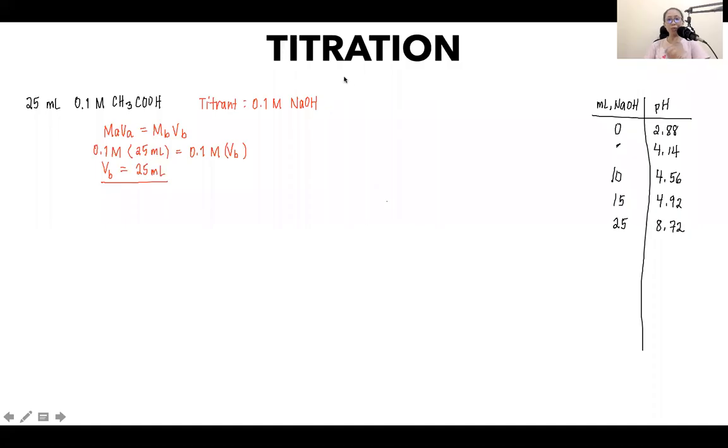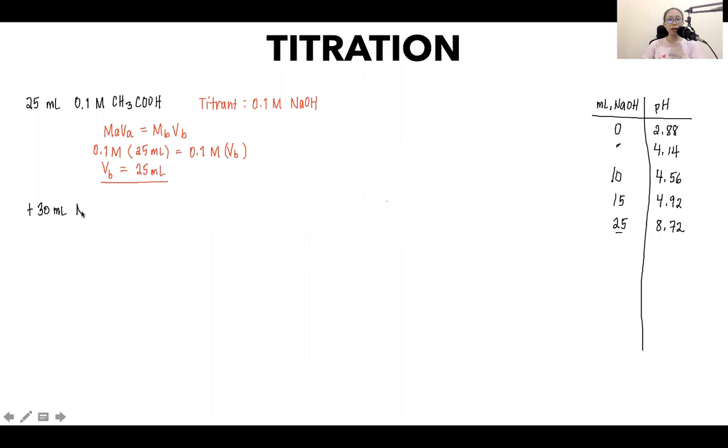Now let's try computing for the pH beyond the equivalence point. Again, we reach the equivalence point if we added 25 mL of the sodium hydroxide solution. So let's try computing for the pH if we added a total of 30 mL of sodium hydroxide solution.